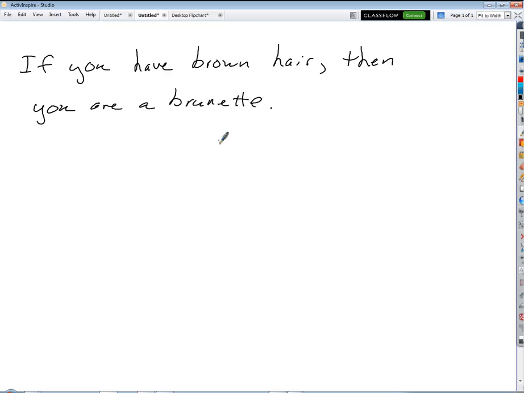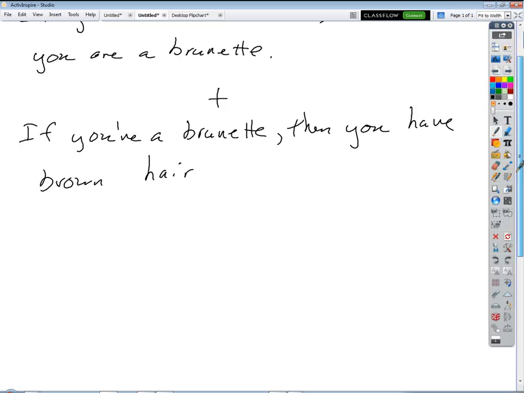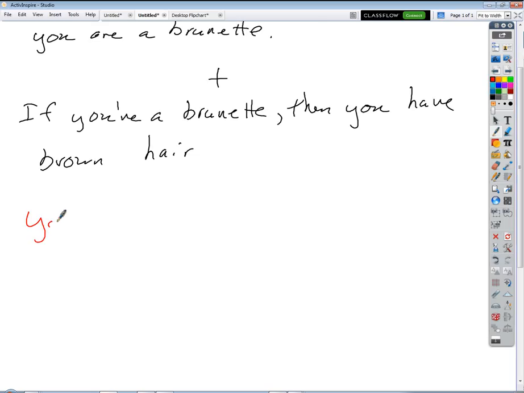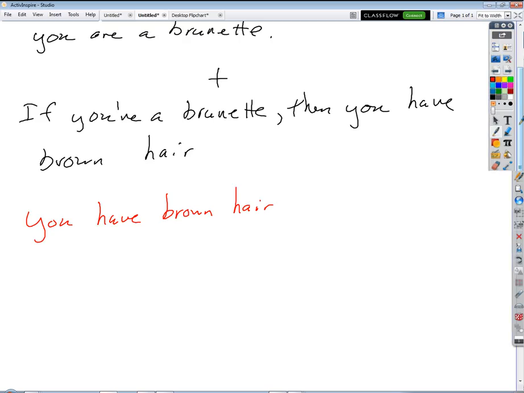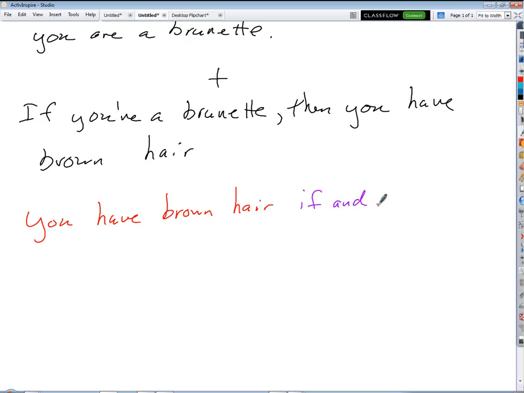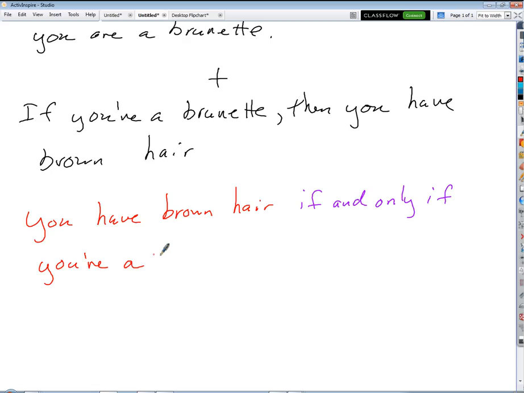So this statement, plus "if you're a brunette, then you have brown hair," can be combined in the biconditional statement: you have brown hair if and only if you are a brunette. Yeah. Okay? Does that make sense?